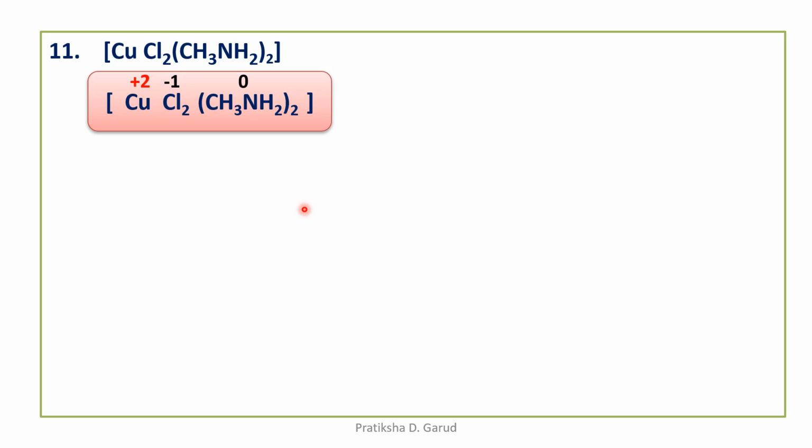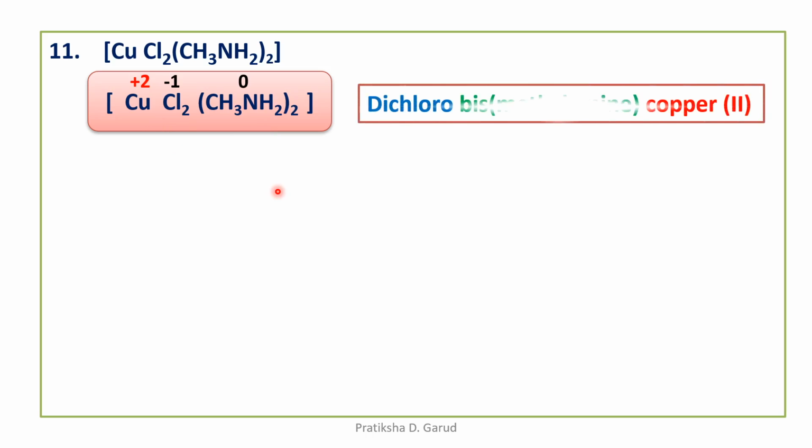First of all we have to write the name of the Cl2. It is dichloro, then this CH3NH2 twice, it is a polydentate ligand, therefore it is bis methylamine and then copper with the oxidation number plus 2. So it is named as dichlorobis methylamine copper plus 2.